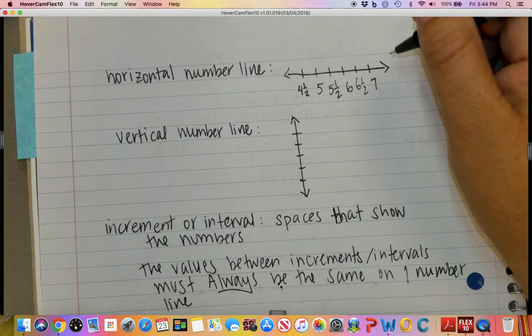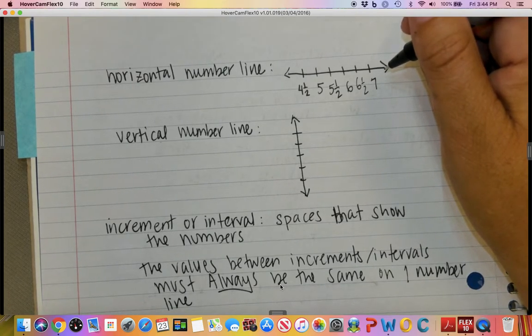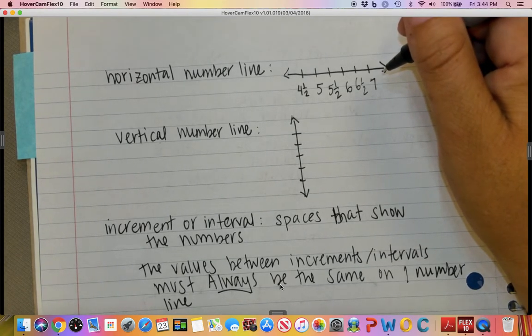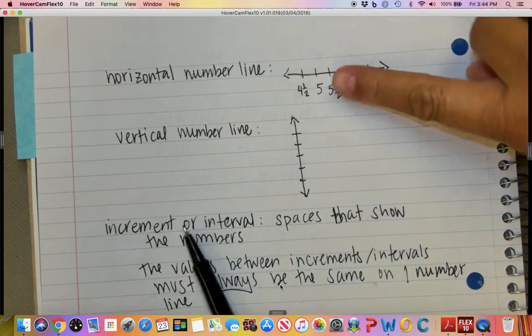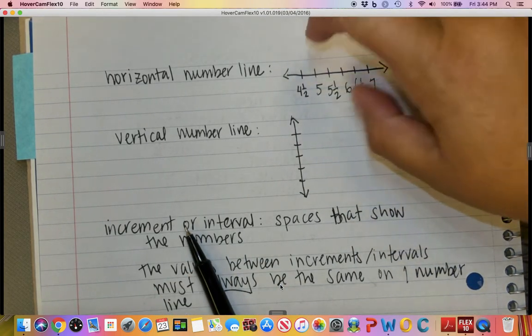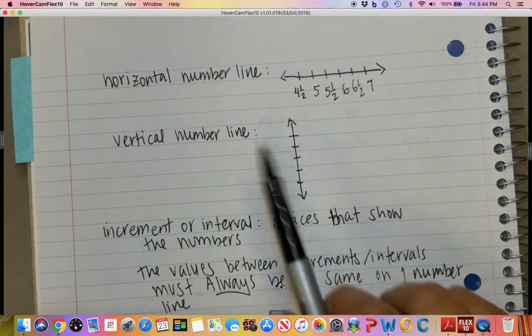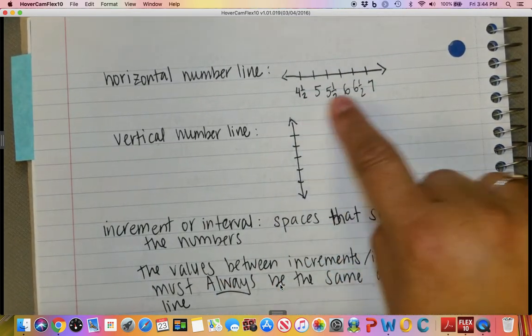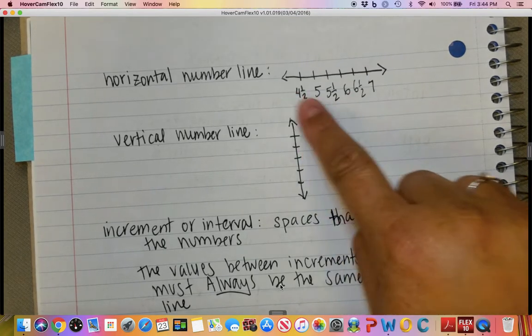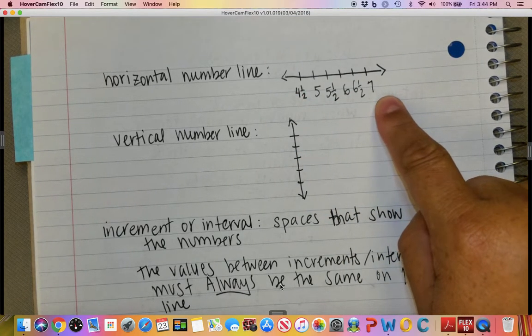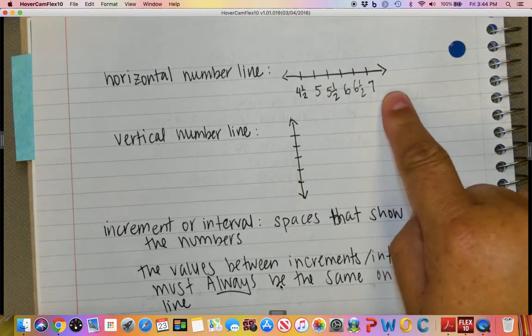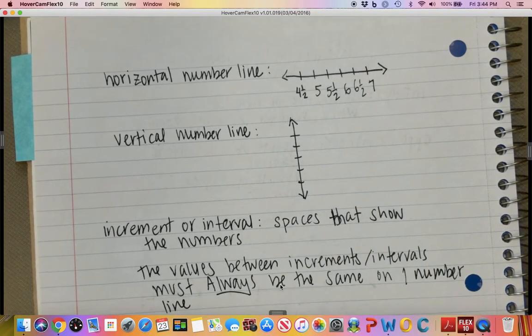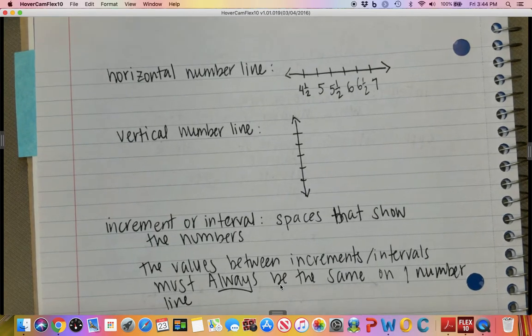If there's a question that says draw a number line and show 4.5 and 6, I can't just have 4.5 here and the next one be 6. You have to show the pattern of how it goes. You don't always have to write the number in, but the pattern has to be the same. For example, I could draw this number line, and let's say the numbers that I really want to show off are 4.5 and 6.5.